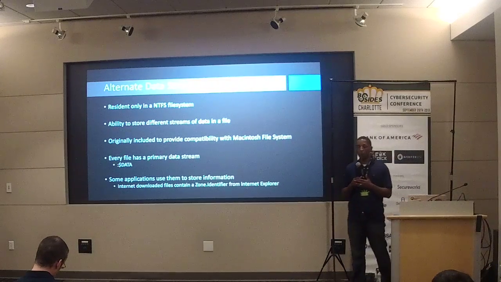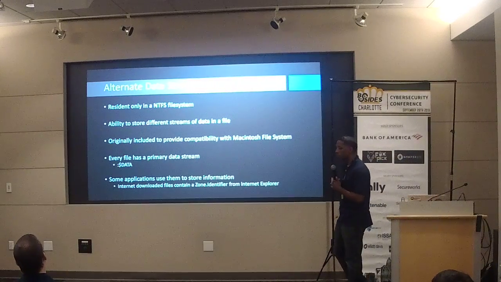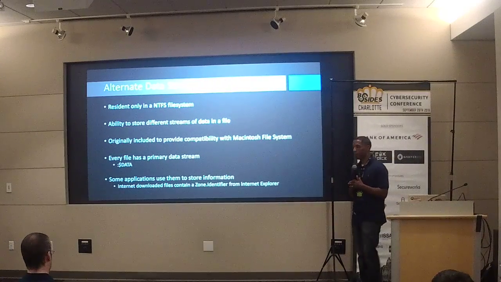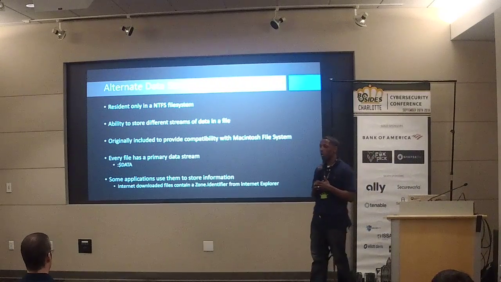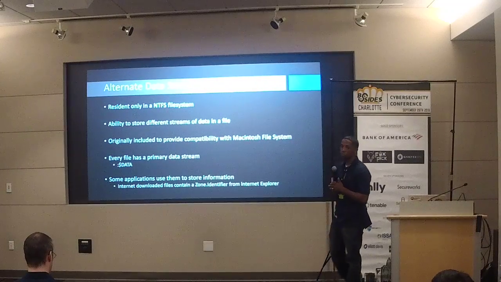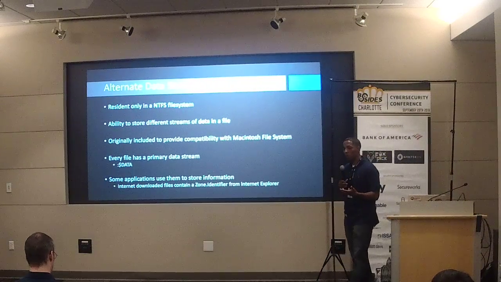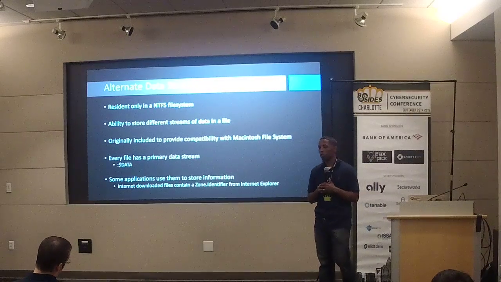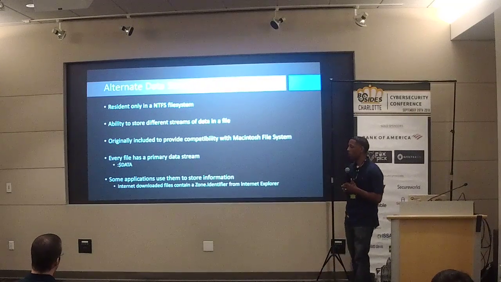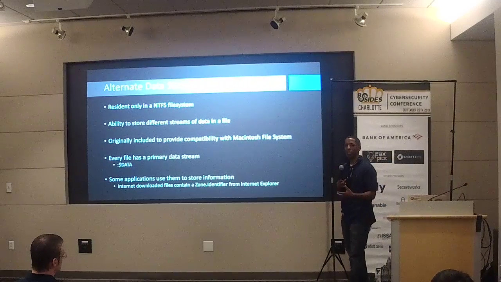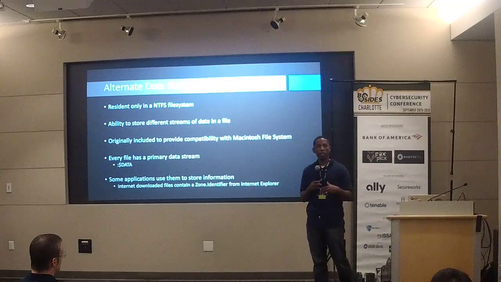But when we look at alternate data streams, it's definitely part of the NTFS file system, made for cross-compatibility with Mac OS, and by default has a stream of $DATA. Alternate data streams are also used by Internet Explorer, depending on how your internet zone is set up. Have you ever downloaded something, tried to execute it, and it tells you, hey, this came from the internet, you shouldn't trust it?